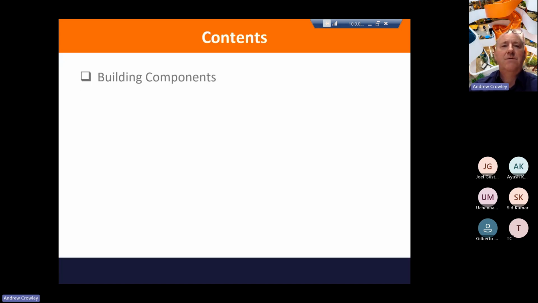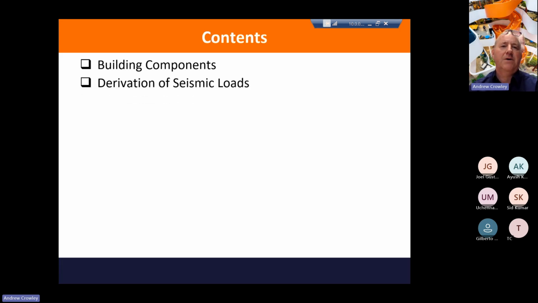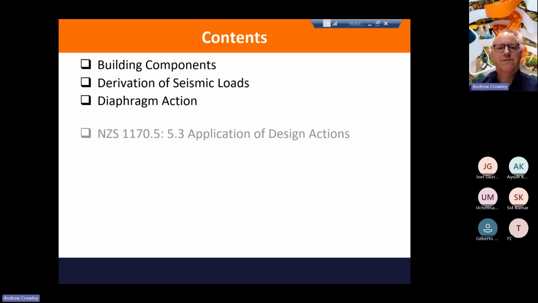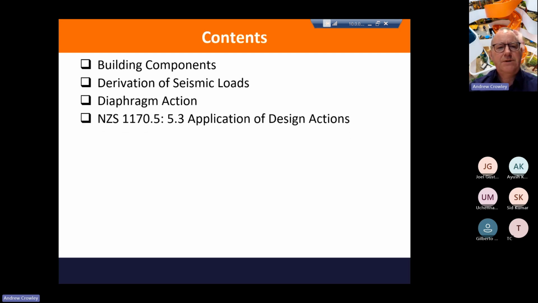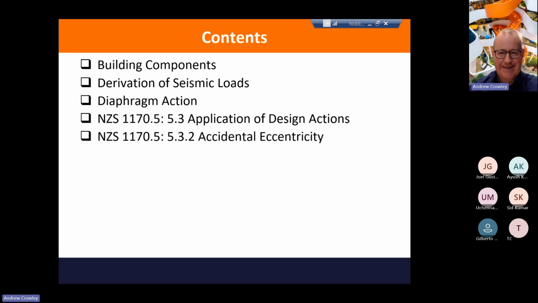So a brief overview of the contents. A reminder of some building components that we'll be looking at, how we derive seismic loads, where diaphragm action comes from, and we'll refer to the New Zealand Standard as how we apply those design actions and how accidental eccentricity comes about.